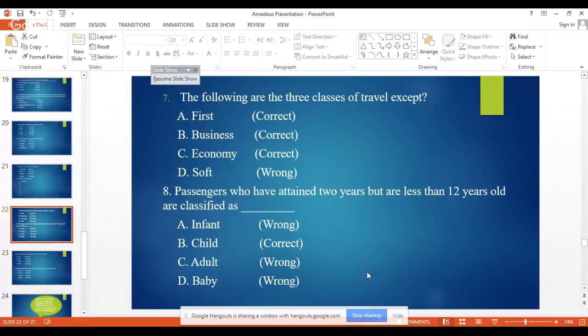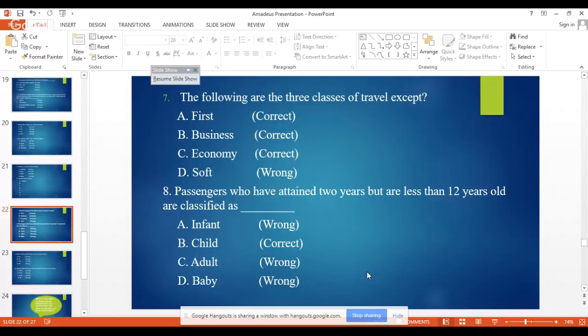Then option B, child. We said a child is from 2 years to less than 12 years old. So option B, child, is correct, because our question says passengers who have attained 2 years but are less than 12 years old. Let's look at the rest.